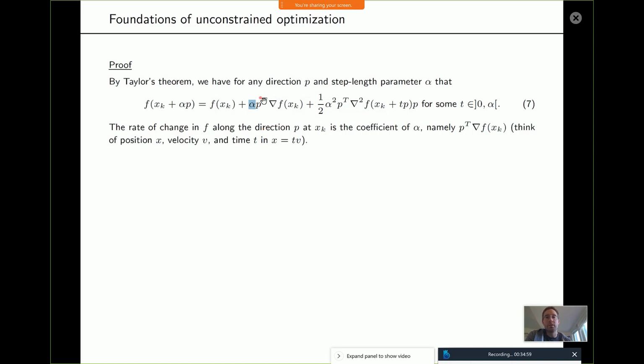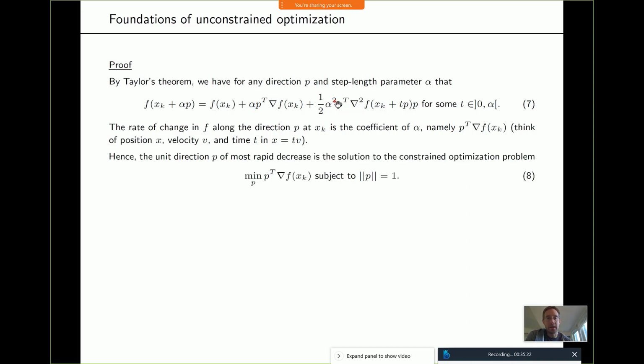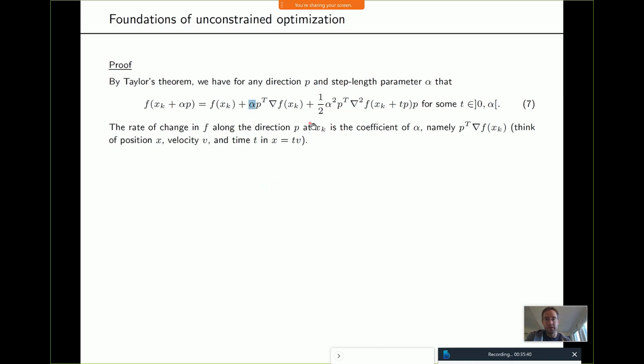So the point in this proof is that if we talk about steepest descent, we want to look at the rate of change of f, and this rate of change of f is encoded in this p times the gradient of f at xk term. That's how this argument works. And higher order effects of time, so how fast the velocity is changing, so acceleration, this thing here is ignored because we are only interested in the rate of change, so the descent. So we focus on this term now.